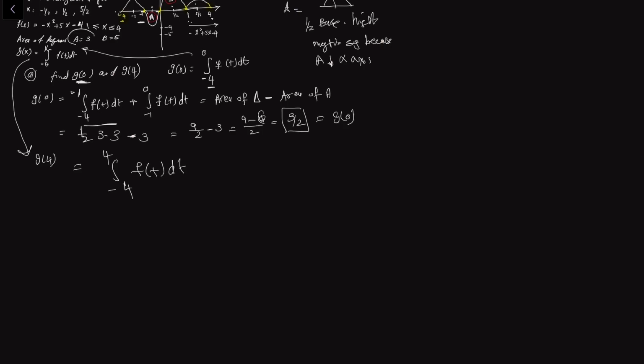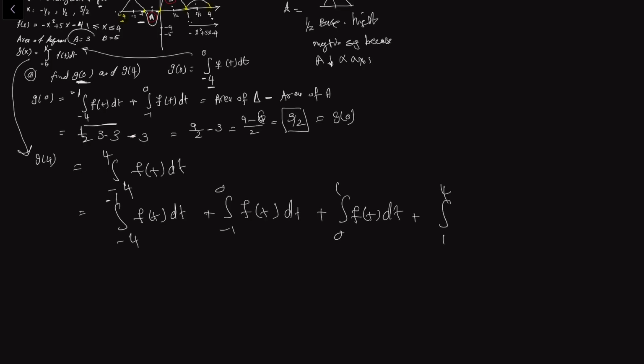So it will be equal to the integral from -4 to -1 of f of t dt plus from -1 to 0 of f of t dt plus from 0 to 1 of f of t dt plus from 1 to 4 of f of t dt.